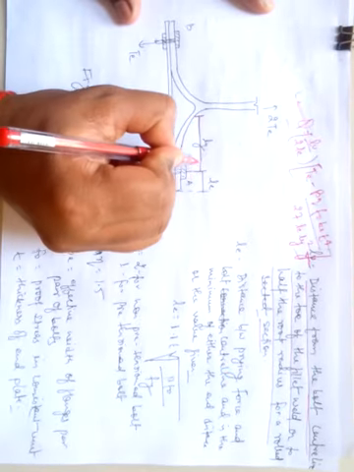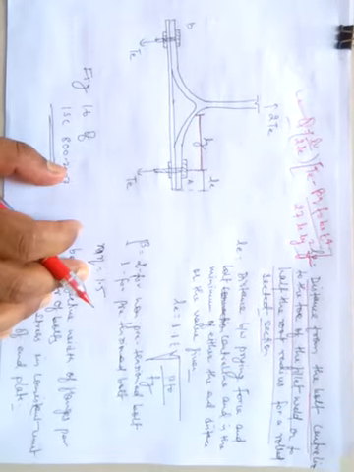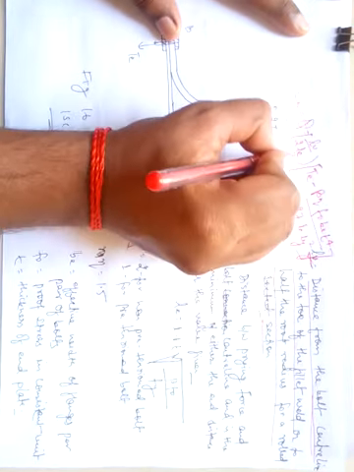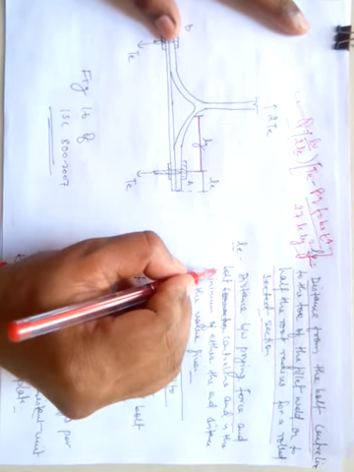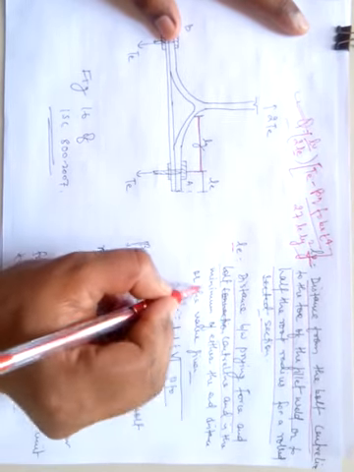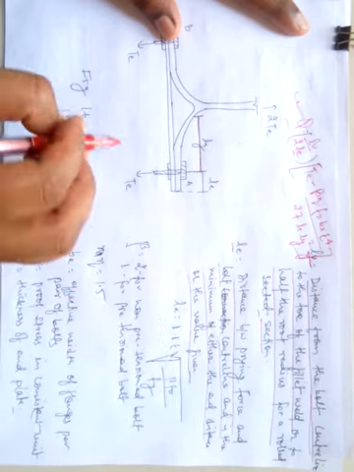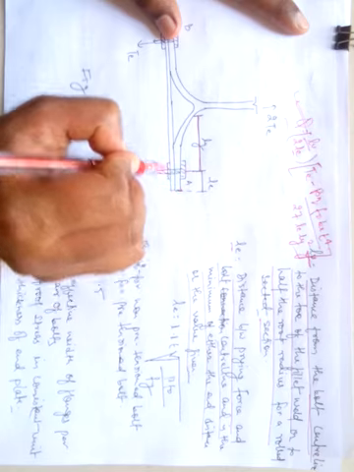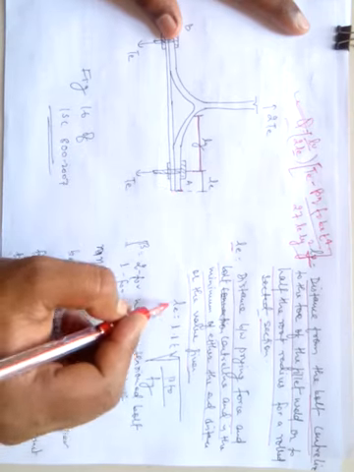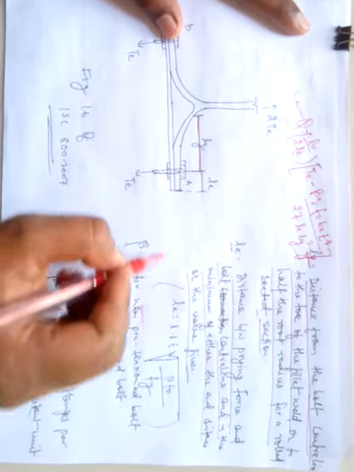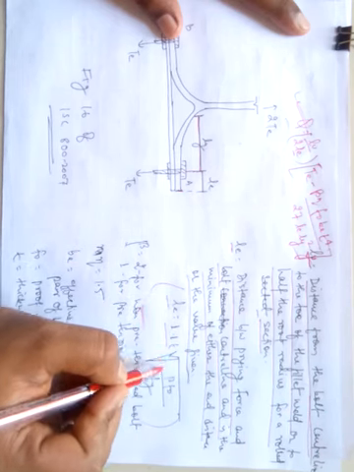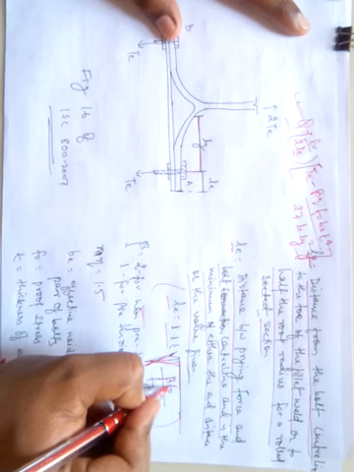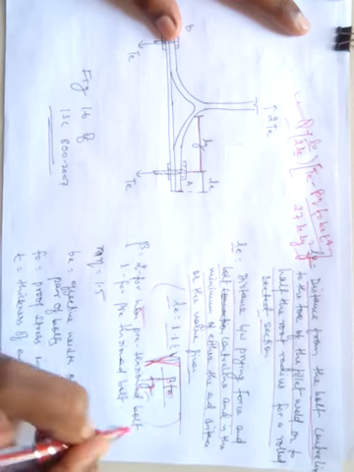Now the second one is Le, the distance between the prying force and the bolt center line, the minimum of either its end distance or the value 1.1 t root over (beta F0 by Fy).